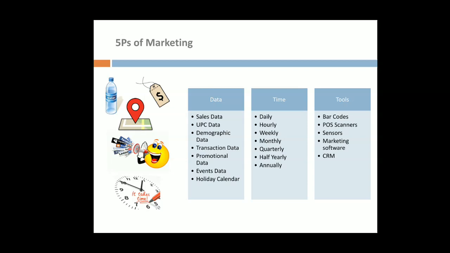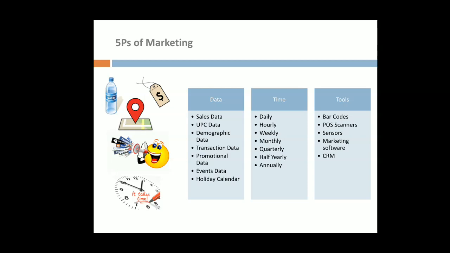So demographic data consists of the customer's age, ethnicity, race, occupation, level of income, how many kids he has, and a lot of relevant information that could be really useful in marketing analytics projects. Transaction data is what we already spoke about.